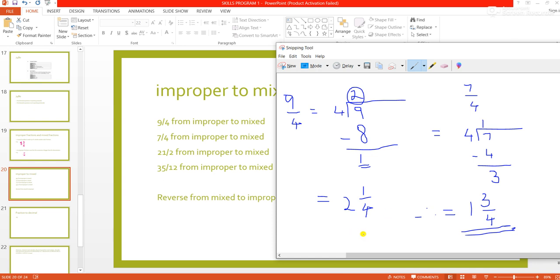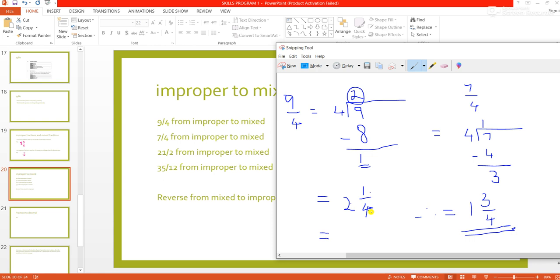So let's verify that this is true. You get 9 over 4 or 7 over 4. How can you do that? We're moving from mixed to improper. What we can do is multiply this number by this and add this.